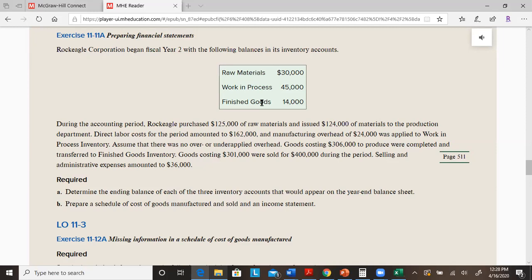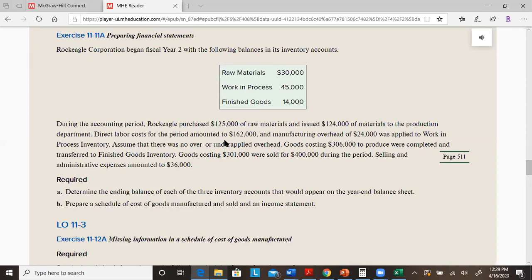I'm going to subtract it from raw materials. I'm going to add it to work in process. Direct labor cost for the period is 162,000. That goes in work in process. And overhead was 24,000. I'm adding it to work in process.